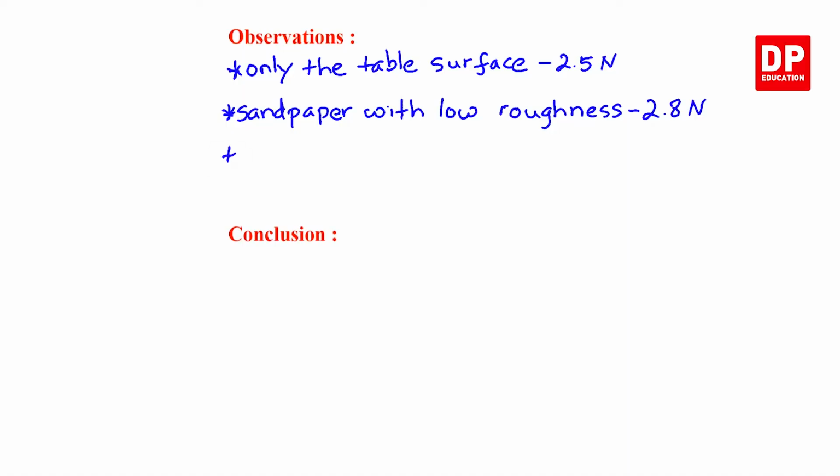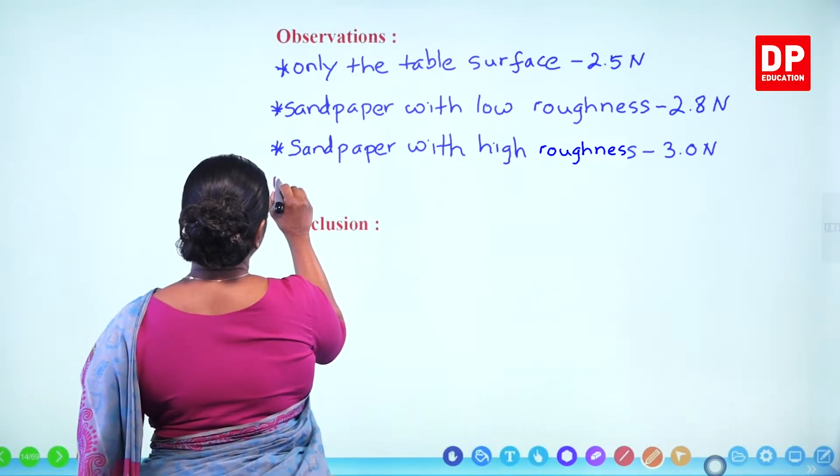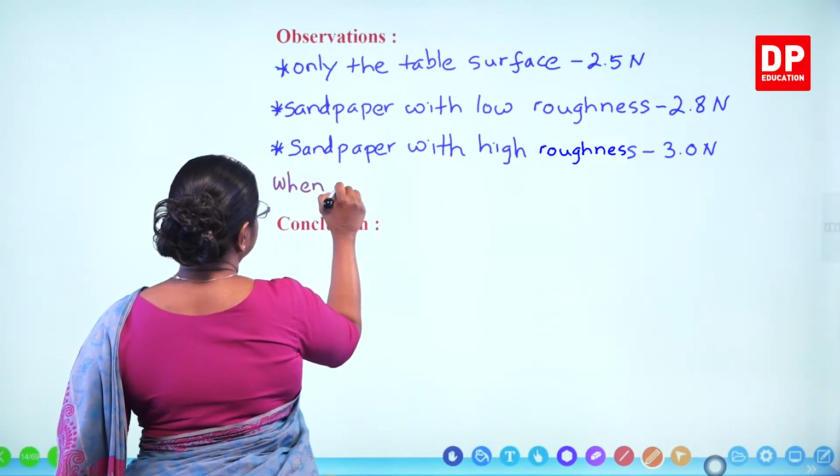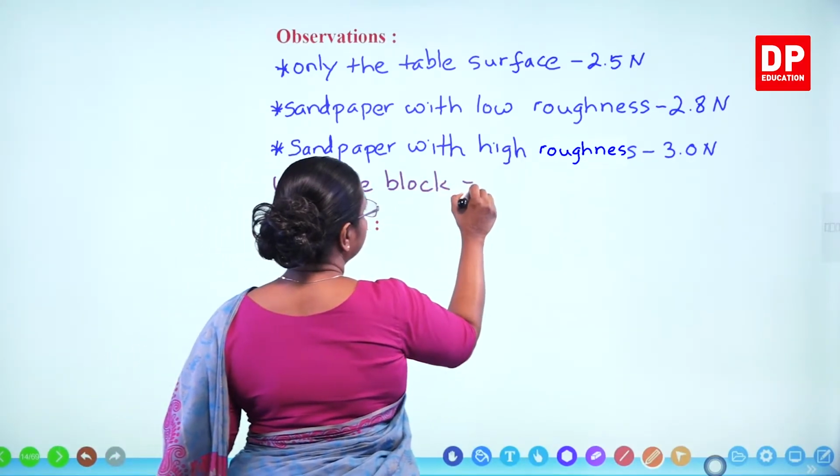So here, sandpaper with high roughness, it was 3 Newton. All these are when the block just starts to move.